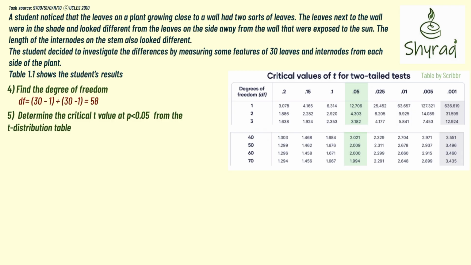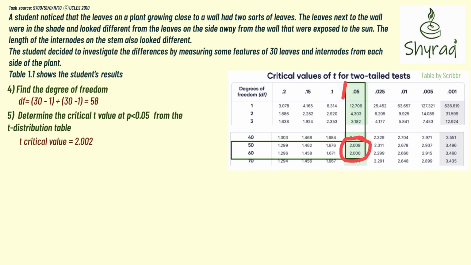For biology class, we use a 95% confidence level. 95% confidence level is the 0.05 probability level here. So the intersection between the 0.05 probability and degrees of freedom will give about 2.002.